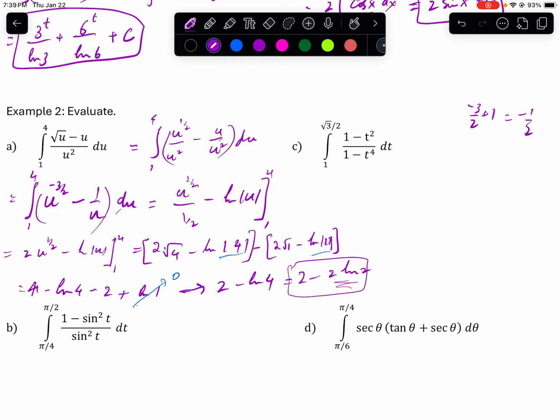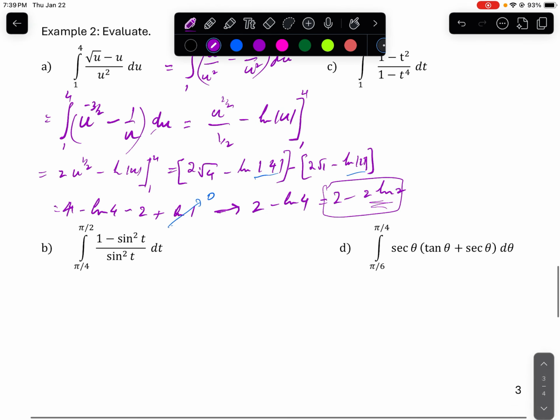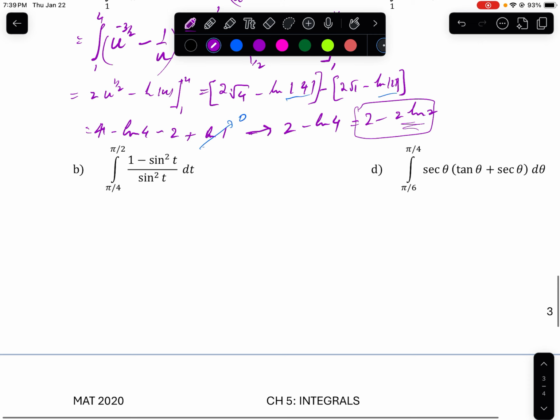Next example. So I have 1 minus sine squared t over sine squared t. Again, remember, can we do it like the integral of the top divided by the integral of the bottom?